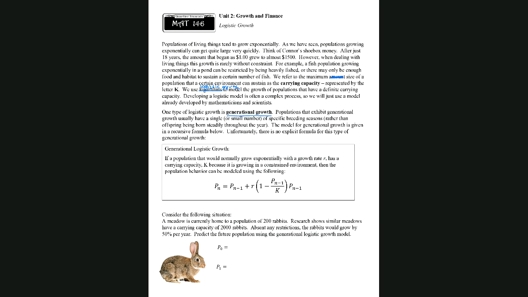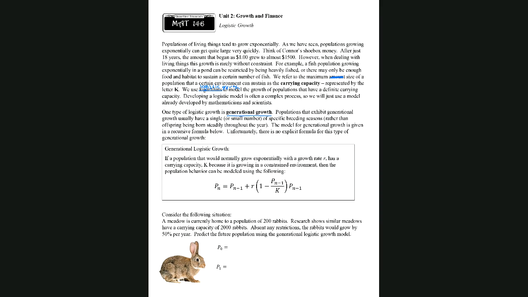If there is a carrying capacity for a certain population, this will tell us how much the population increases each year over time. Populations that exhibit generational growth usually have a single or small number of specific breeding seasons rather than offspring being born steadily throughout the year.